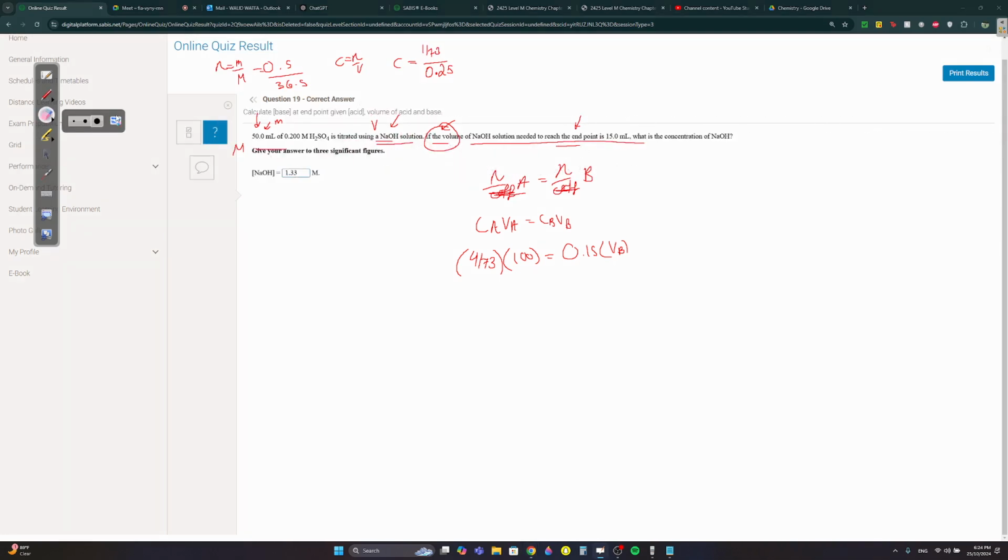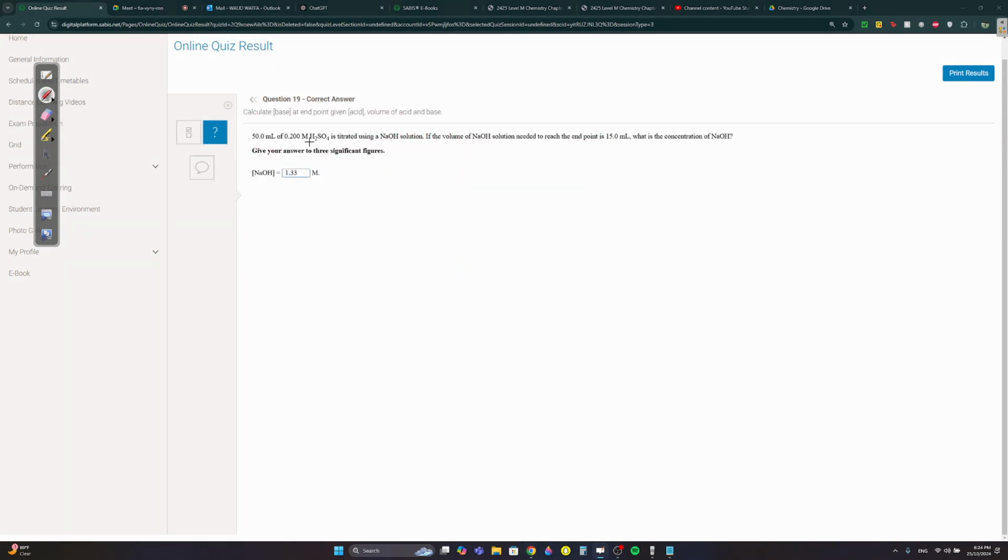Last question. 50 milliliters of 0.2 molar H2SO4 is titrated using NaOH solution. If the volume of NaOH needed to reach the endpoint is 15, what is the concentration of NaOH? Let's see. n over coefficient acid is equal to n over coefficient base.